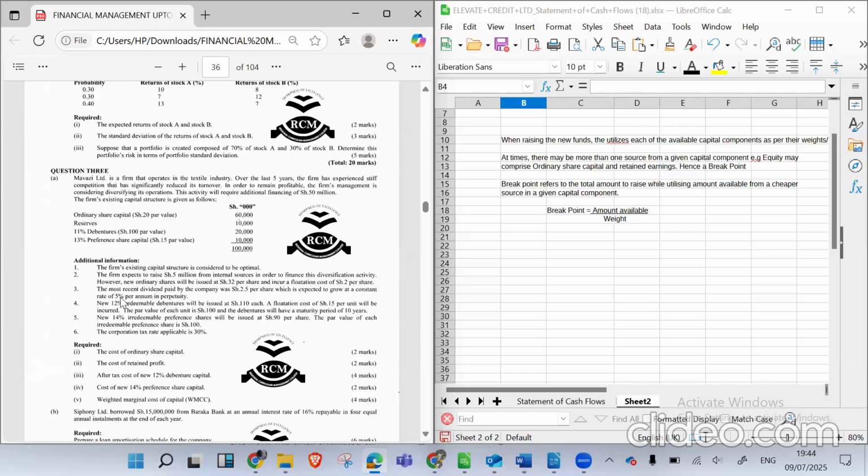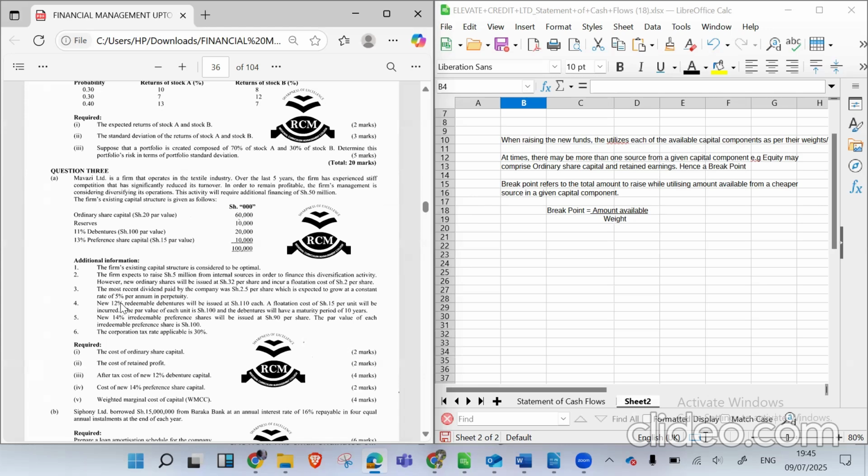When we were doing WSCC, there was no flotation cost because we were not floating anything. Flotation cost is the issue cost. In WSCC we were looking for the cost of what was issued earlier, so it didn't have any issue cost. But in WMCC, we shall incur the flotation or issue costs because we are raising new funds. So here we have flotation costs.